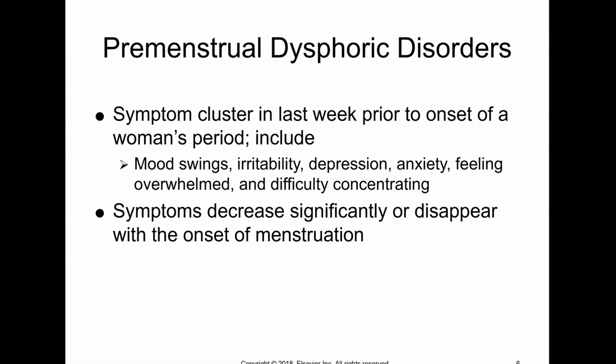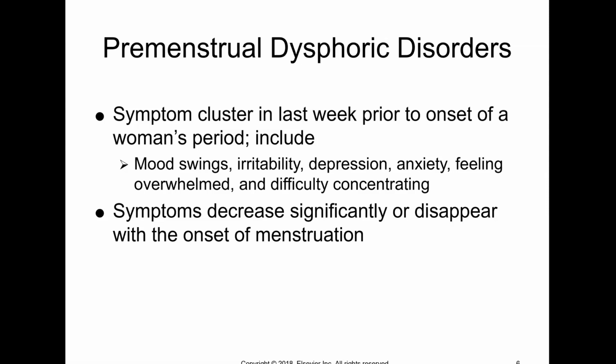Premenstrual dysphoric disorder is a symptom cluster of depression in women that last in the week prior to onset of a woman's menses. They may have mood swings, irritability, depression, anxiety. They may feel overwhelmed. They have difficulty concentrating or focusing on tasks. Now, previously, it was always kind of thrown around, oh, she's just premenstrual.